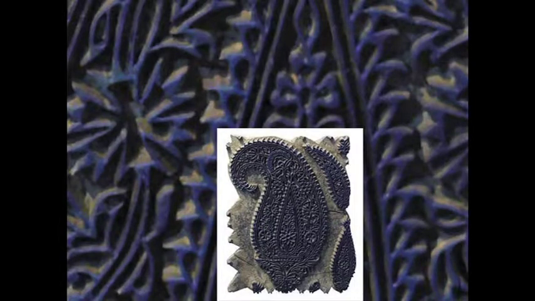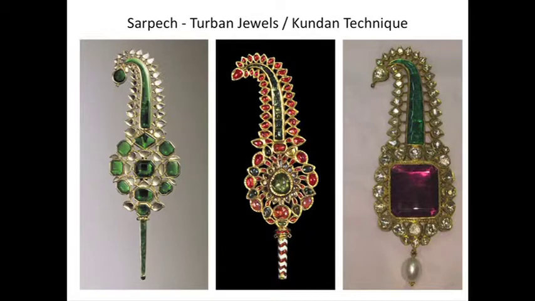And we're going to see those kinds of motifs repeated in the jewelry that we look at next. So you probably are noticing that edging that outlines the plume of each of these sarpech are very similar to the stamp that we just saw. So that kind of edging is really common in Mughal jewelry.